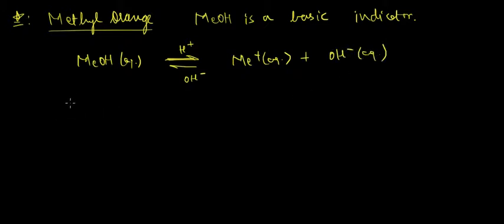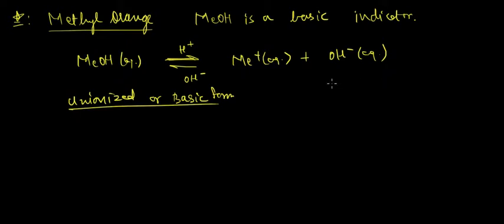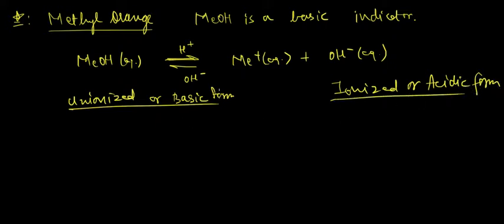So this is in unionized or basic form, and this is in ionized or acidic form. In unionized or basic form, this is yellow in color, and in ionized or acidic form it is red in color.